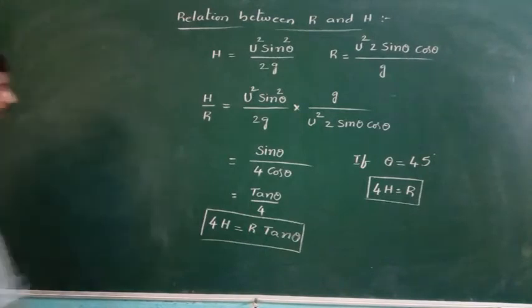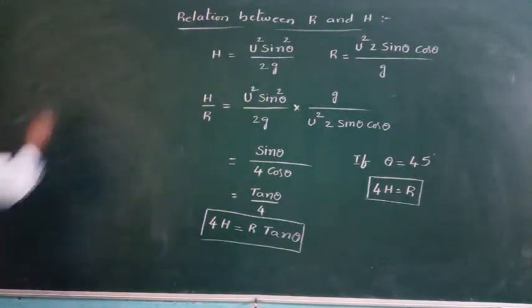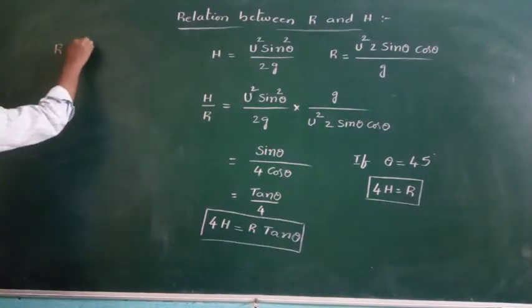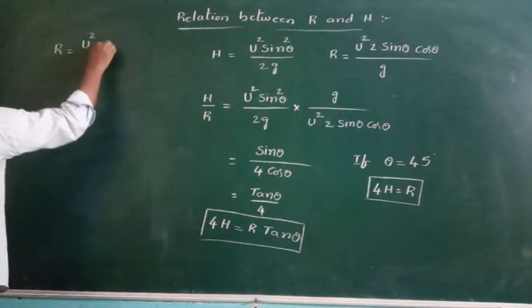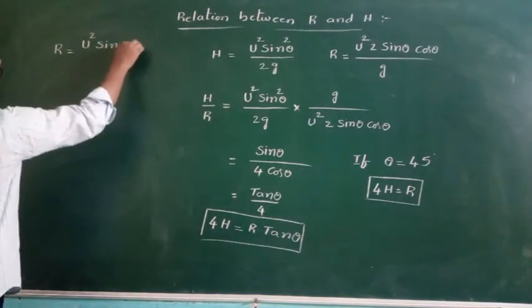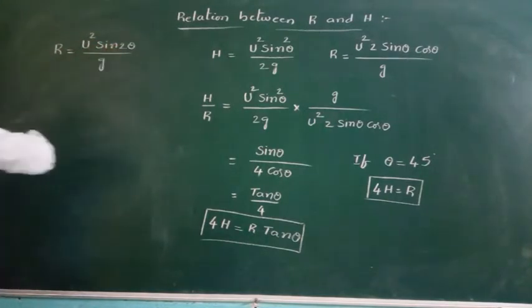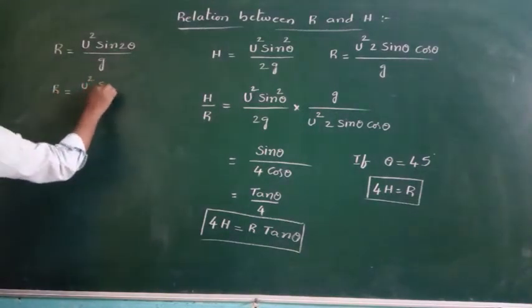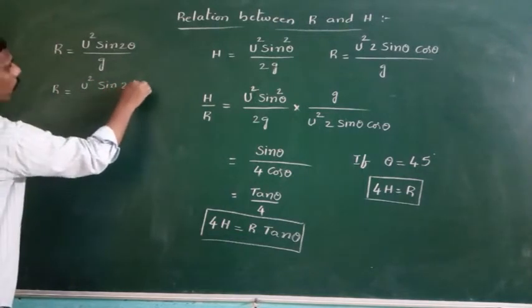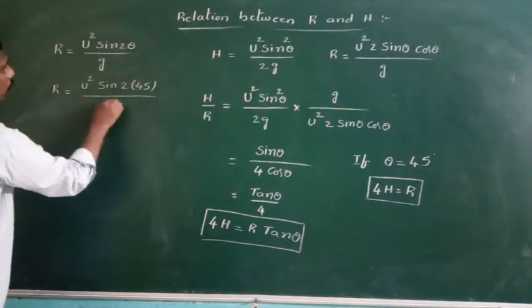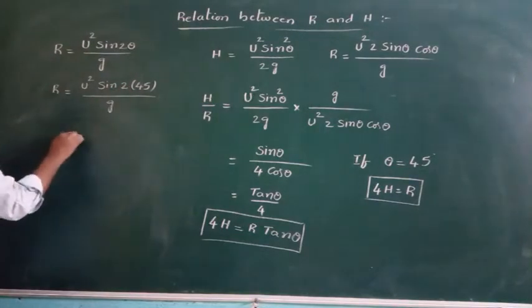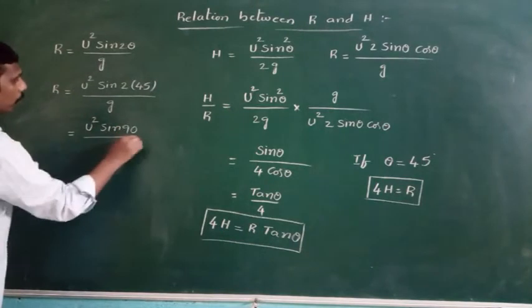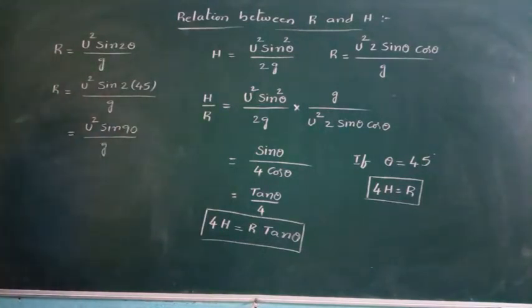Substituting, R is equal to u square sin 2 into 45 by g. 2 into 45 is equal to 90, and sin 90 degrees is equal to 1.